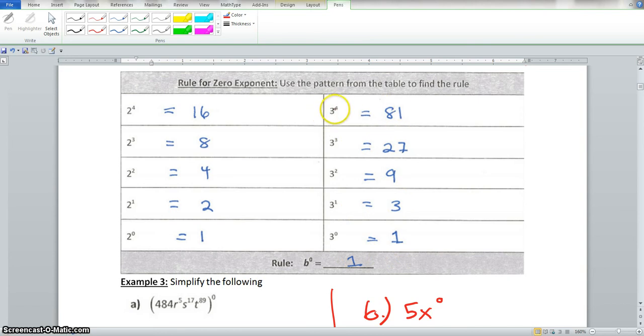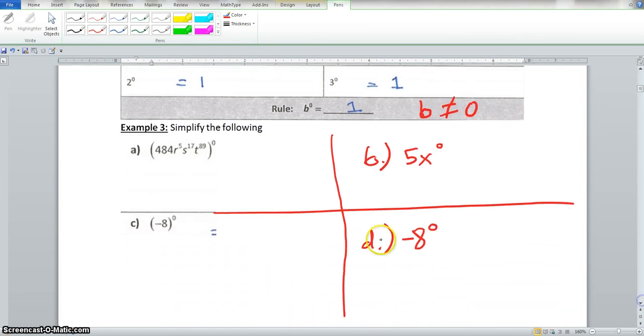What happens is we keep going one integer down from the higher integer. So if you notice, if you keep dividing everything by 3, when you get to 3 to the 0, it's 1. So anything except 0 to the 0 power equals 1. So we should put here b is not equal to 0.